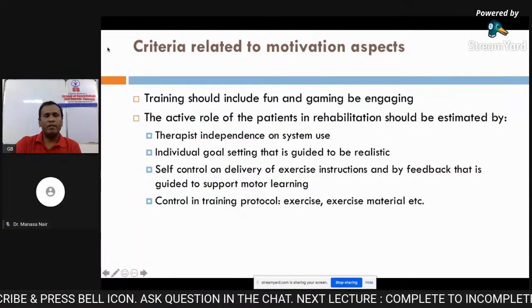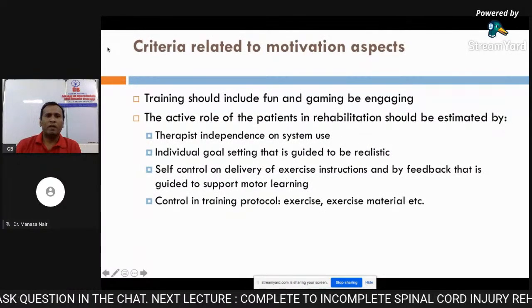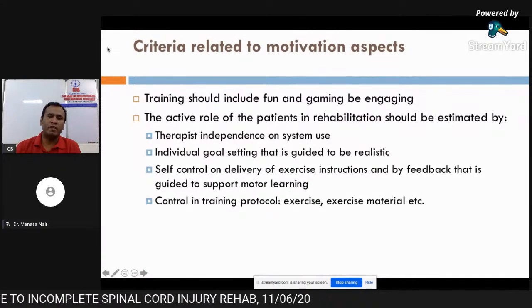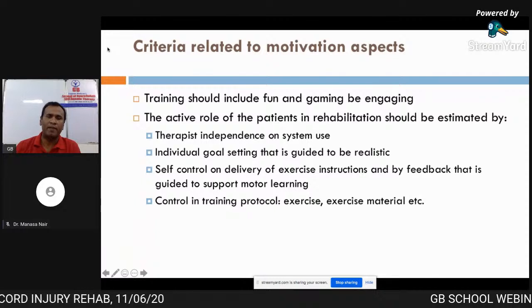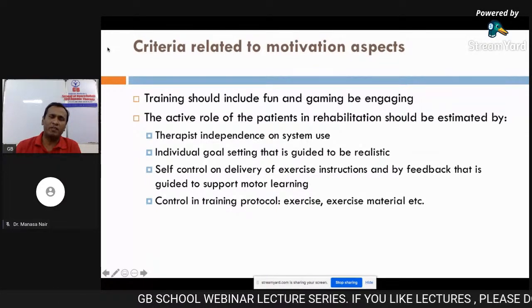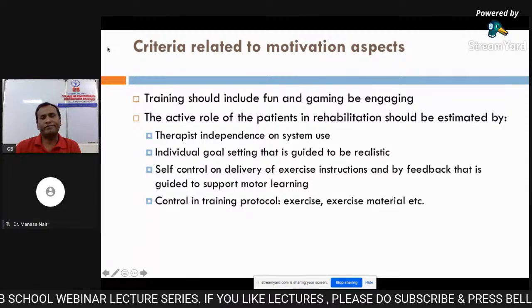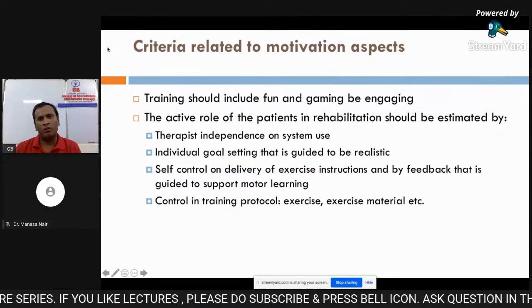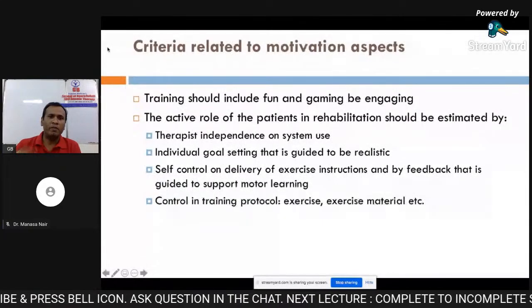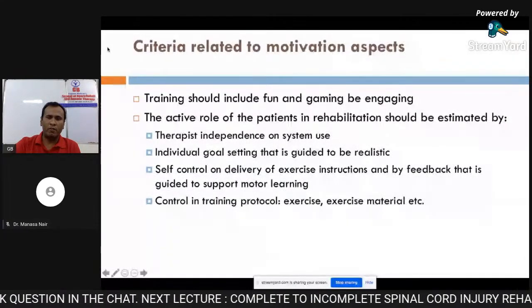And while we are designing this exercise program, most of the patients do very well in the initial phase of rehabilitation and they participate very well. But within a few days they get bored, and the motivation gets lost. So to cover this problem, what should be included in the designing of the exercise?